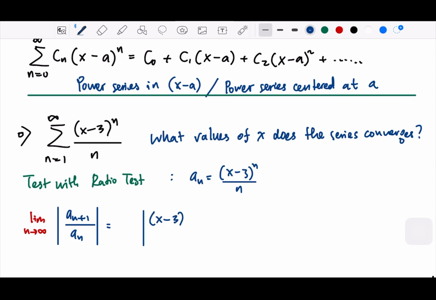Okay, x minus 3, n plus 1, and then here is n. I think we can cancel out this part, right? And this will be x minus 3 going there.